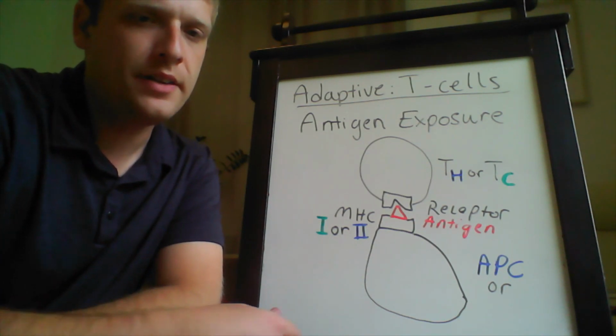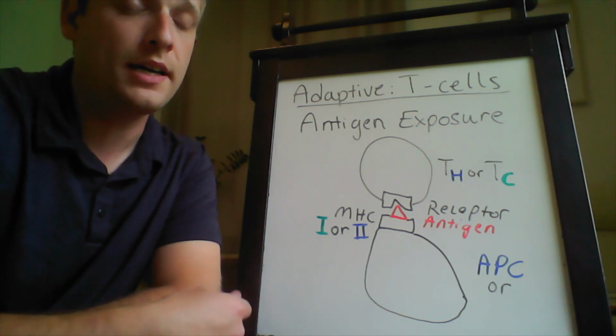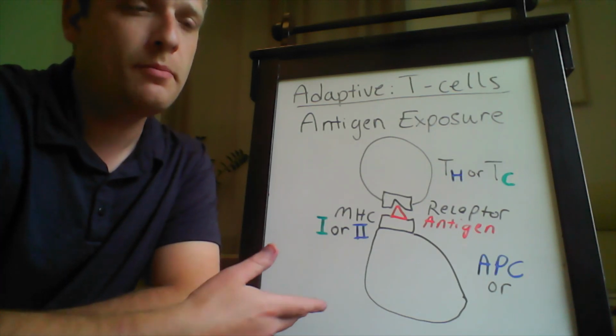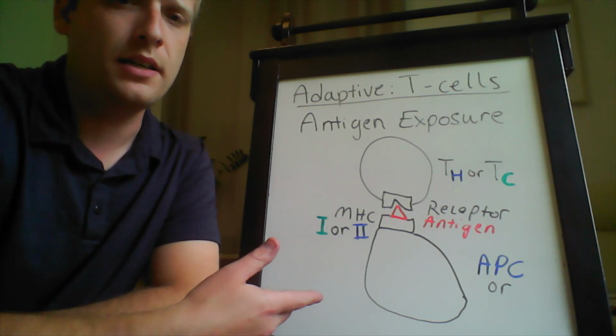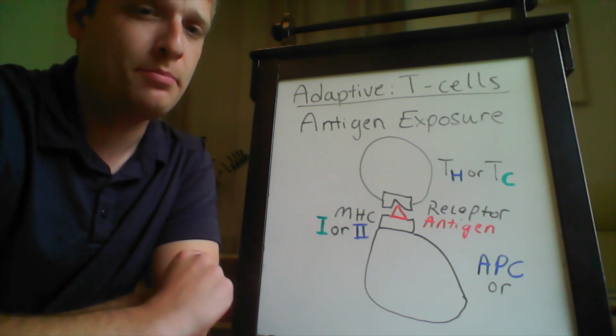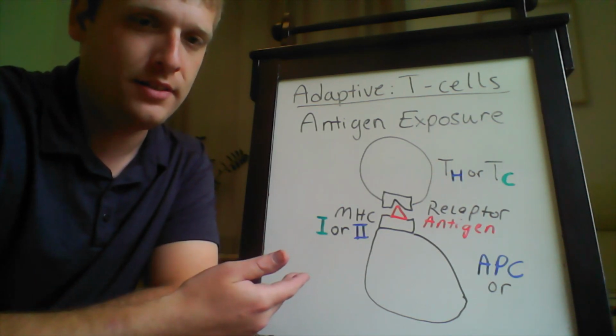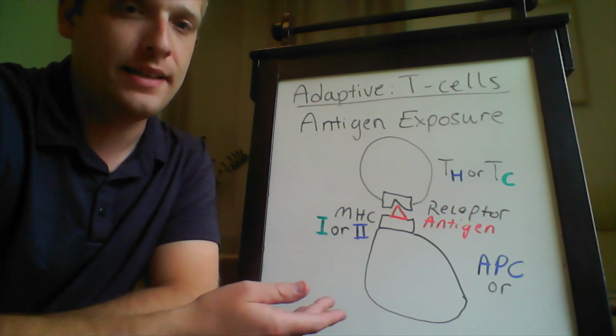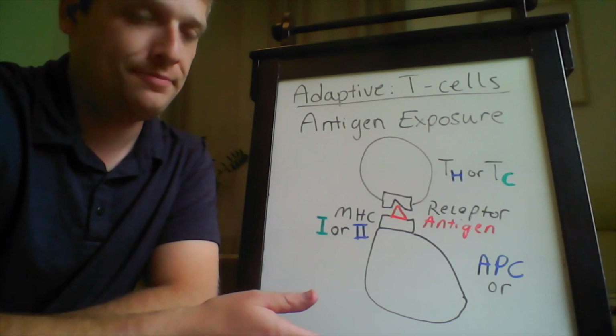So in this last phase of the lecture, we're going to be talking about the adaptive immune system. And going back to what we've already talked about previously, the adaptive immune system allows your body to respond to the presence of certain antigens that are associated with a disease state or an infection.